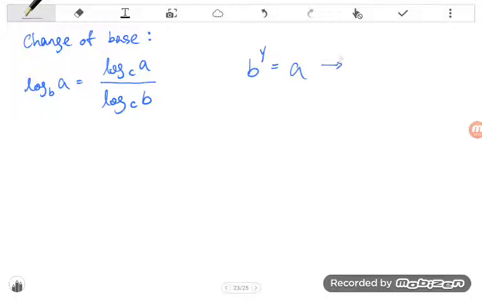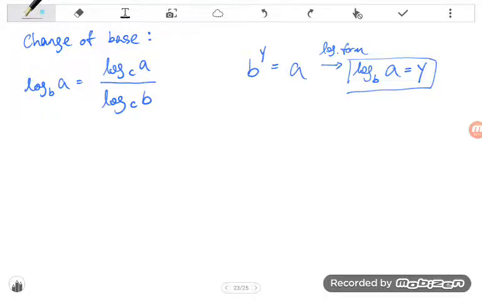If I change this to logarithmic form, then I would have log a to the base of b is equal to y. I hope you are somewhat comfortable with exchanging between log form and exponential form now. So y is equal to log a to the base of b, and that is simply the logarithmic form of my original exponential equation. We'll come back to that later.